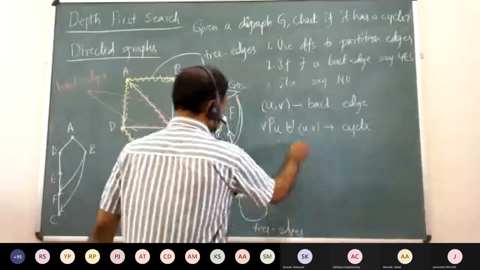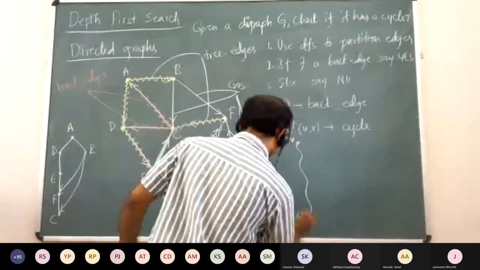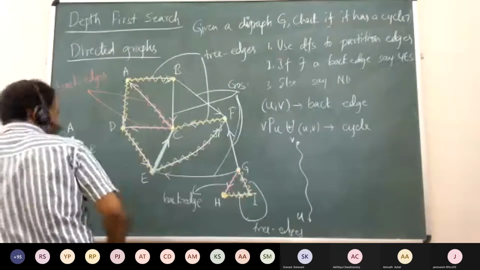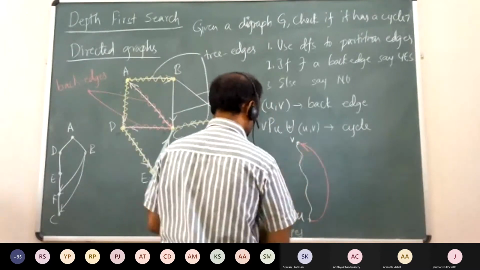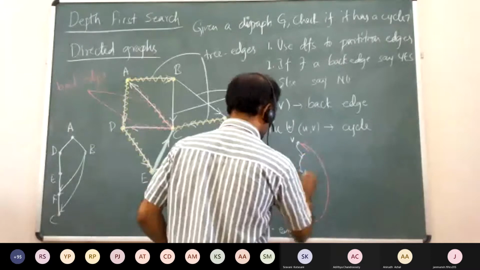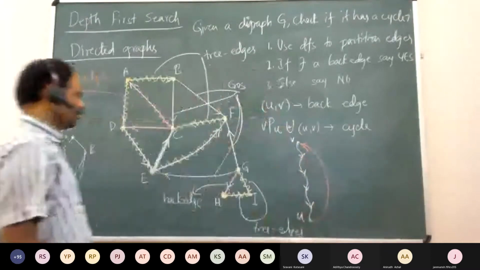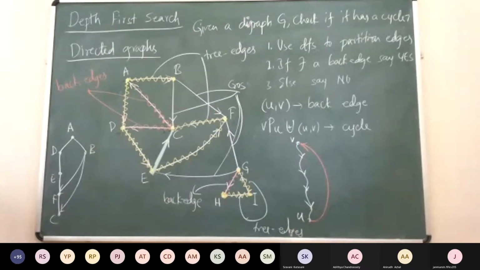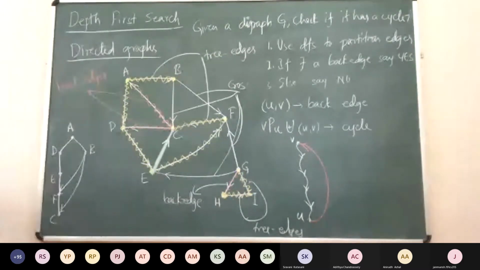The path is directed from V to U, and now the back edge gives us the directed cycle. Good. So is this direction clear? Suppose there exists a back edge, then there always exists a directed cycle.